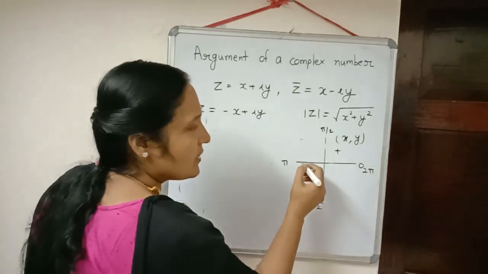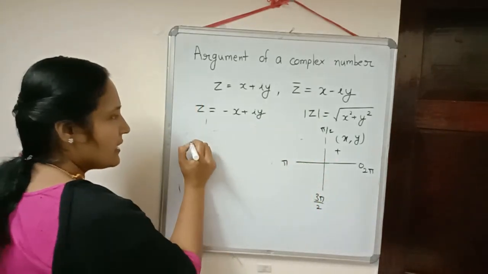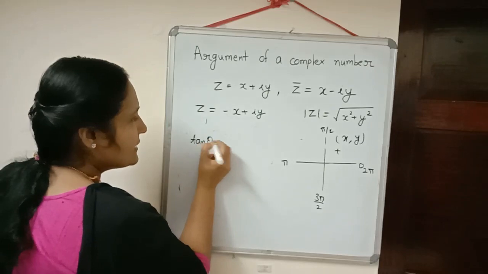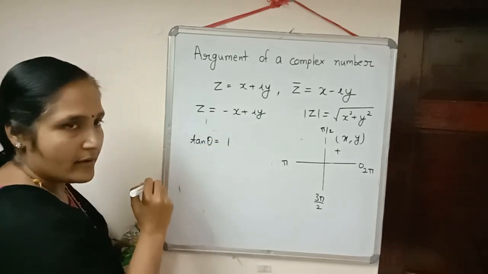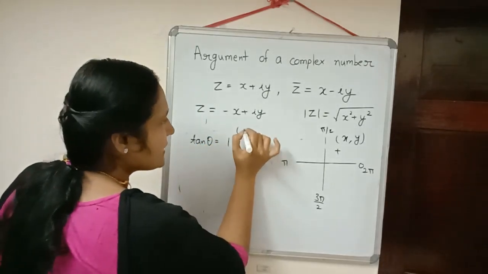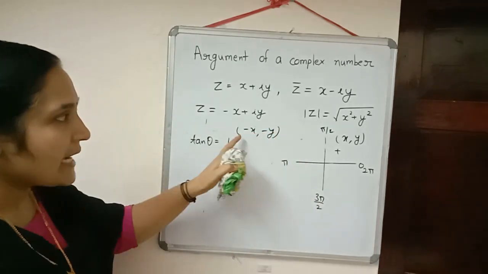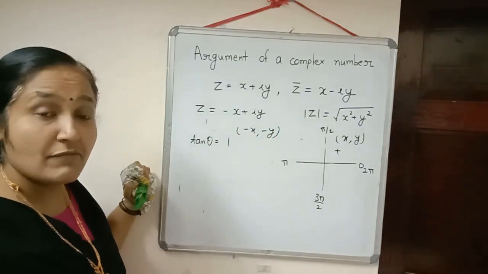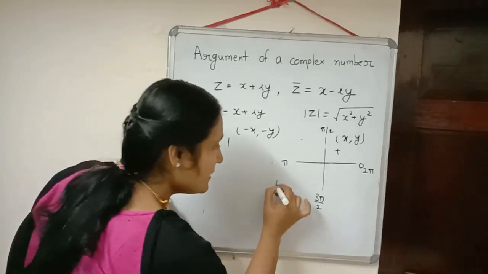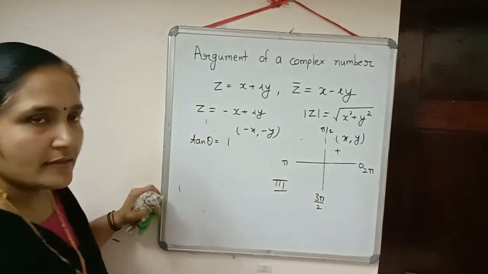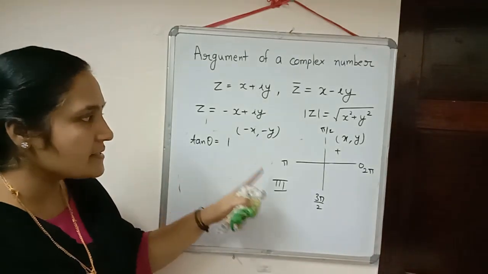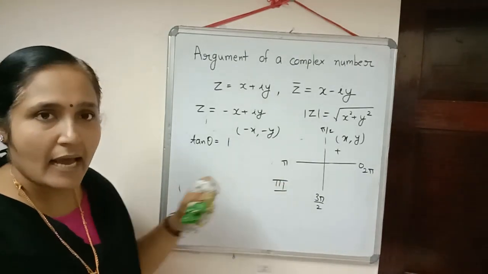Now for the other quadrants, suppose you got tan theta is equal to 1 and the coordinate is minus x comma minus y. We know minus x comma minus y is in the third quadrant. So in the third quadrant its value should be greater than 180 degree.